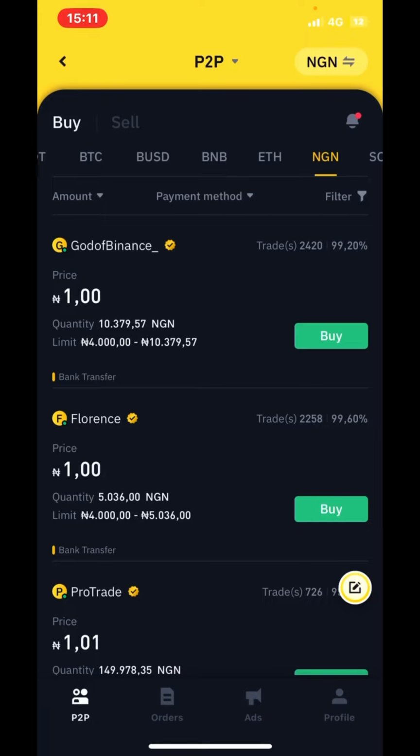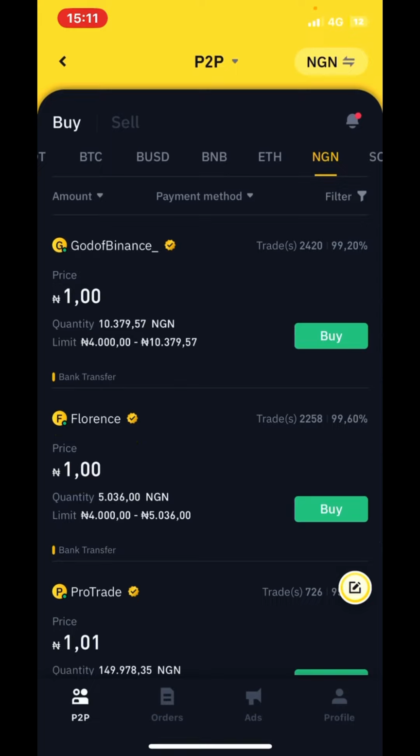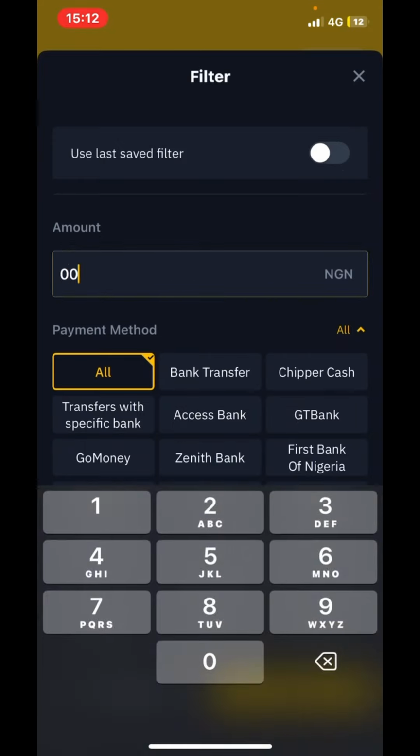So you are buying 1-to-1 on this trade, so no need to use a filter. So we are buying 1-to-1 on this platform on NGN. Let me put 500,000. Let me see what is going to bring out.